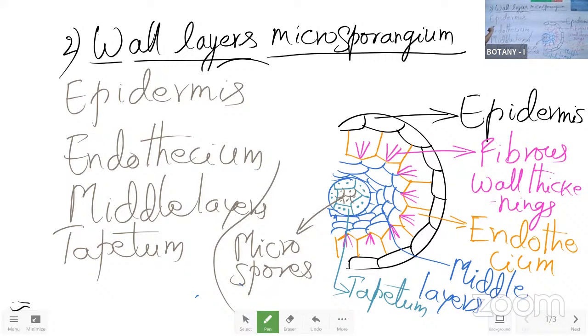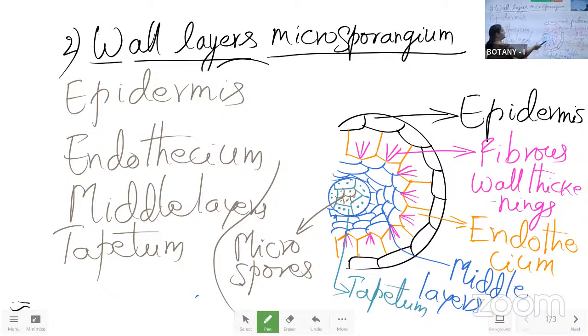So first one, epidermis. Epidermis is the outermost covering for the microsporangium, which will be protecting the anther from outside atmospheric microorganisms as well as from the changes in the outside atmosphere. And this is a single layered epidermis made up of simple parenchymatous rectangular shaped cells placed without intercellular spaces.